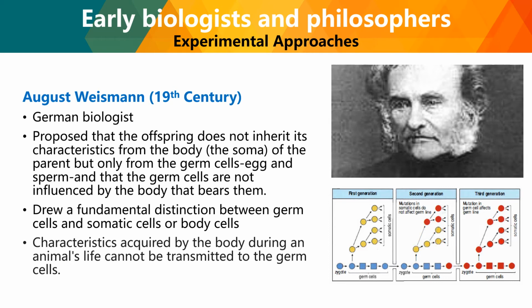Okay? So as you see here, there's an image about the distinction between germ cells and the somatic cells. In each generation, germ cells give rise to both somatic cells and germ cells. Okay? But the inheritance is through the germ cells only. Changes that occur due to mutation in somatic cells can be passed on to their daughter cells but do not affect the germline.